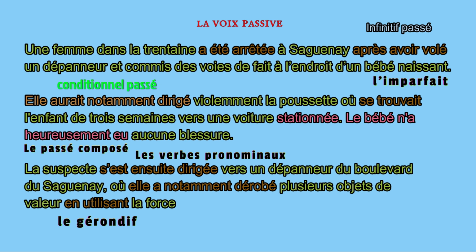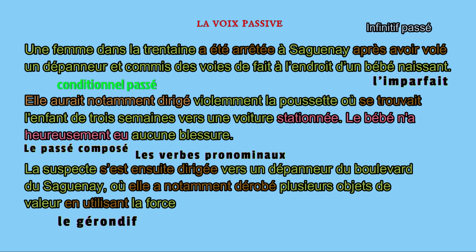So let's start with the first sentence. Une femme dans les trentaines a été arrêtée. As you can see above a été arrêtée, I have made a note, la voix passive. What does that mean? This grammatical expression is actually passé composé, or present perfect tense, but in a passive form.